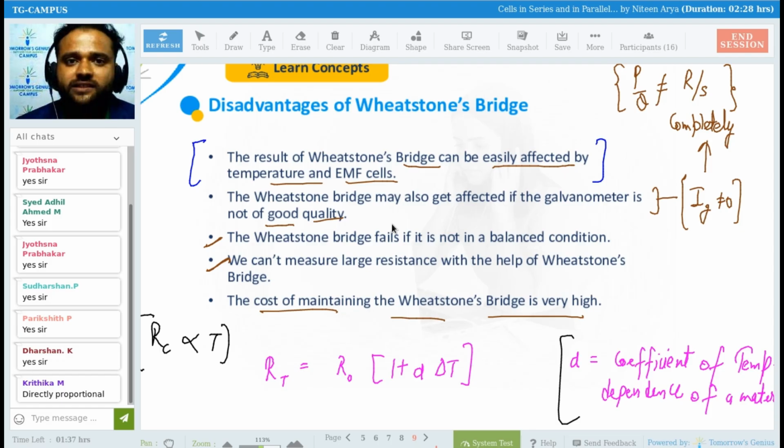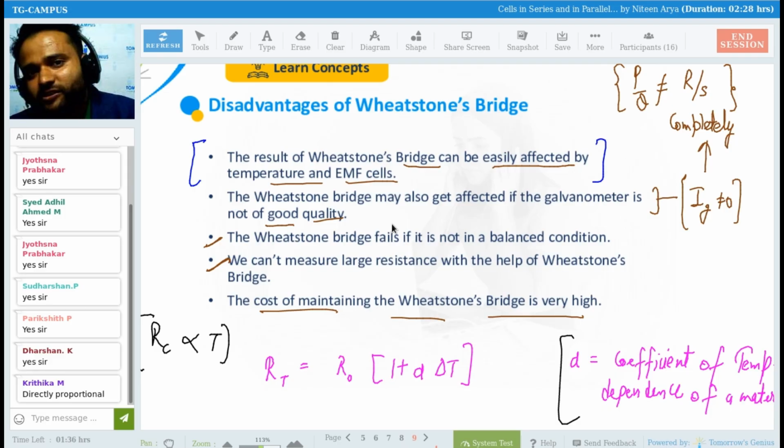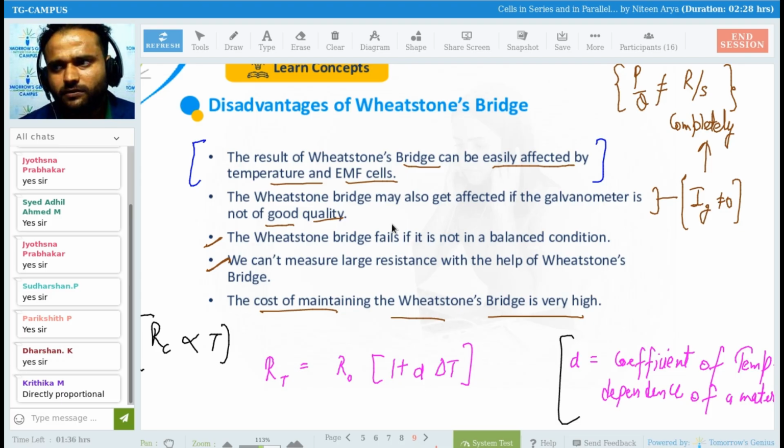Obviously, if the temperature is increased, the ions or electrons move more rigorously, so they oppose the flow of electrons more, and the resistance is going to increase, as simple as that.